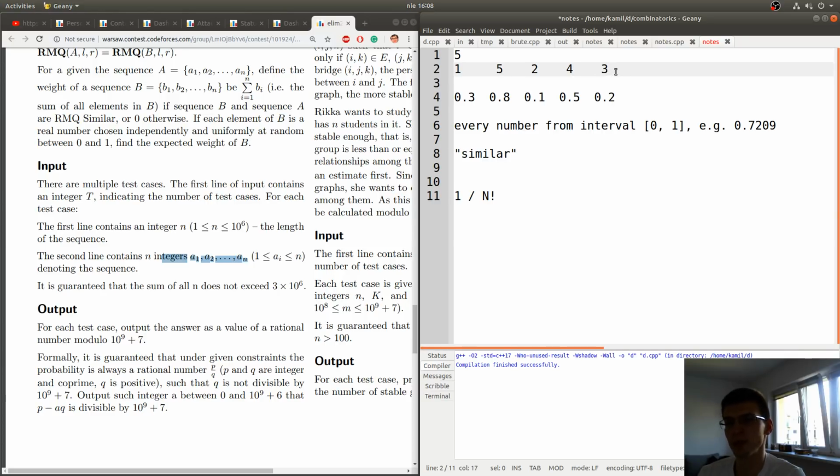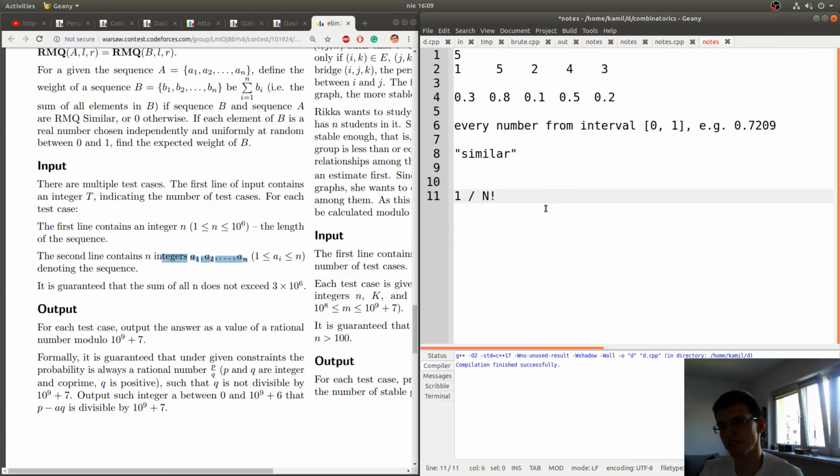What it means is we can assume that the input has distinct numbers, and we know that each of the n factorial possible orderings, which number will be the biggest, the second biggest, and so on, has equal probability, because everything is symmetric.